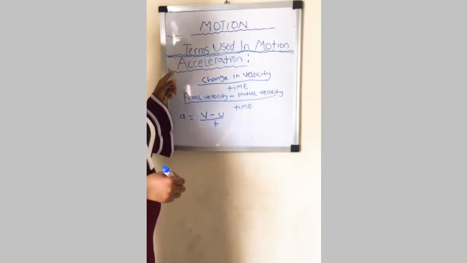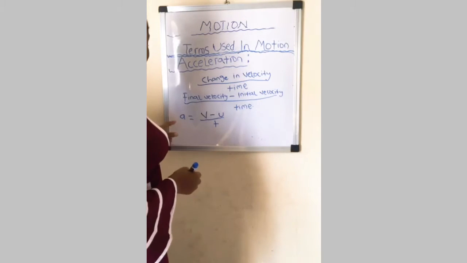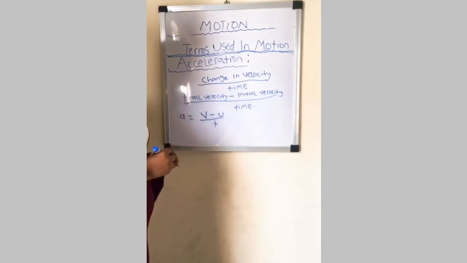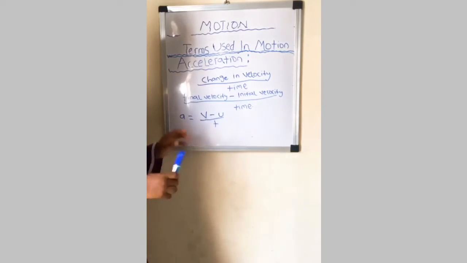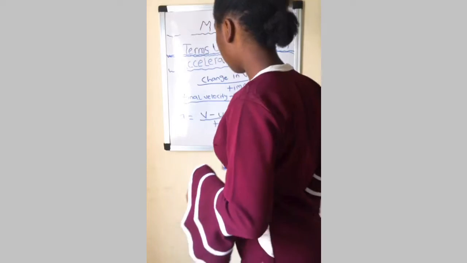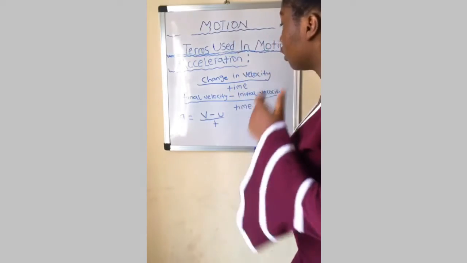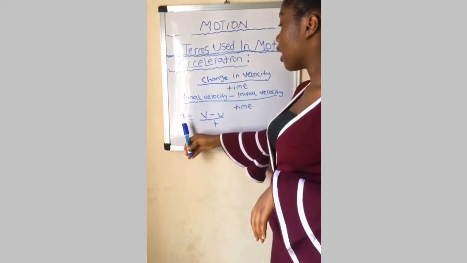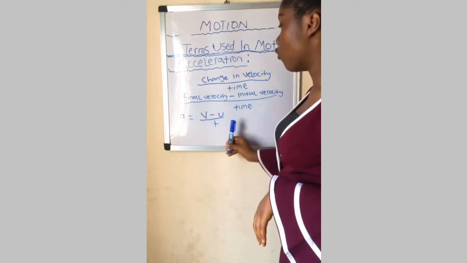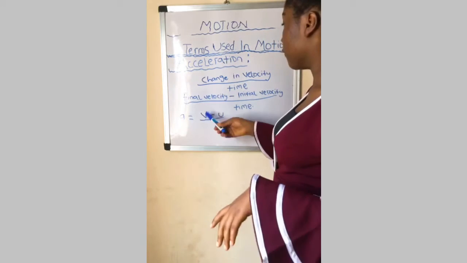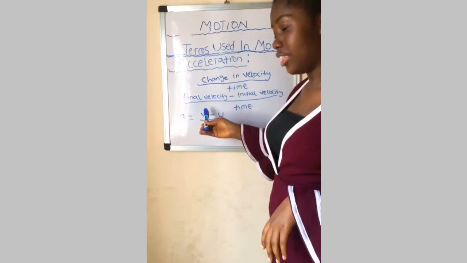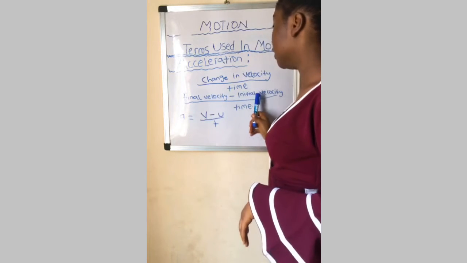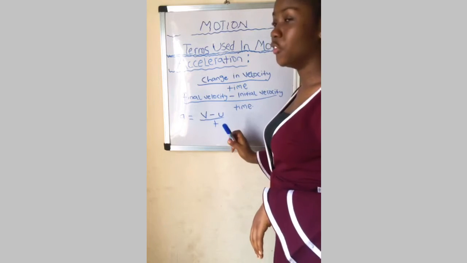Also acceleration has a letter that denotes it, which is a, small letter a to be precise. So this is the formula of acceleration. Acceleration is equal to v minus u over t. V denotes final velocity, u denotes initial velocity, and t denotes time. So that is the formula for acceleration.